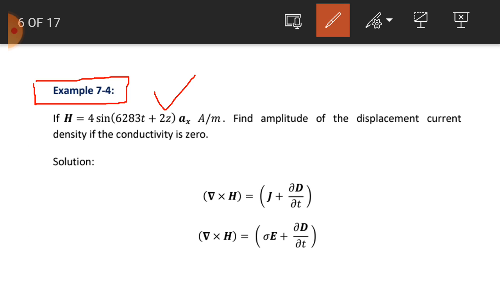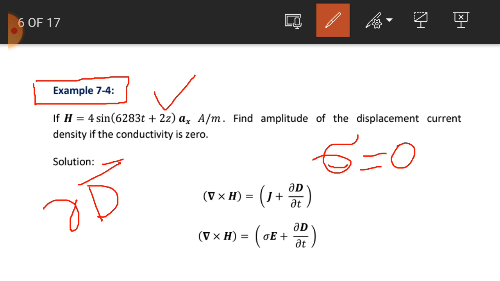Find the amplitude of the displacement current density if the conductivity is 0. So the conductivity of the medium is 0, and we need to find out the displacement current density.